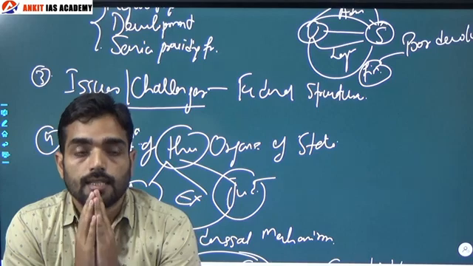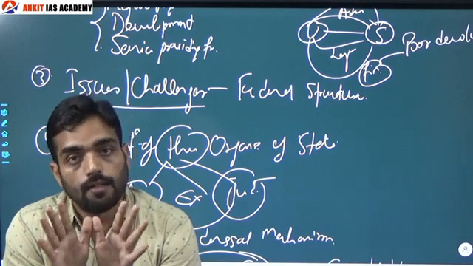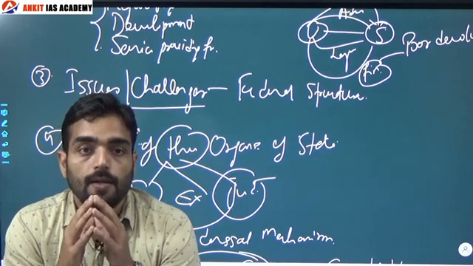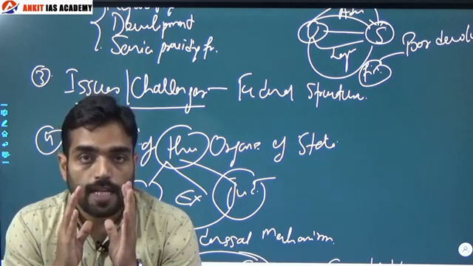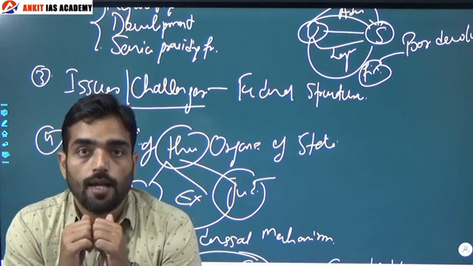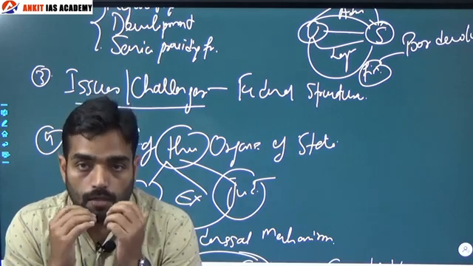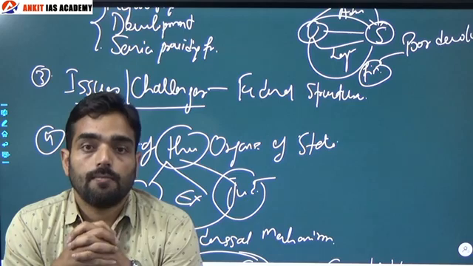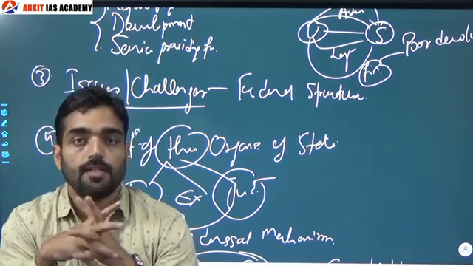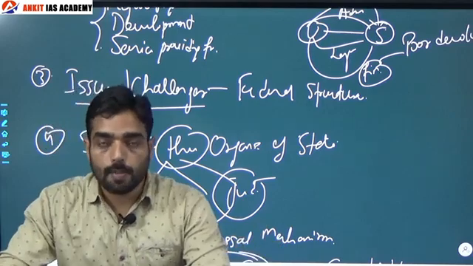In international relations, your major focus should be on newspapers. As I have discussed, make a note on the 7 developed countries and India's neighbors, and keep updating your notes with current affairs. Fine. So this is all in this GS paper 2 discussion.